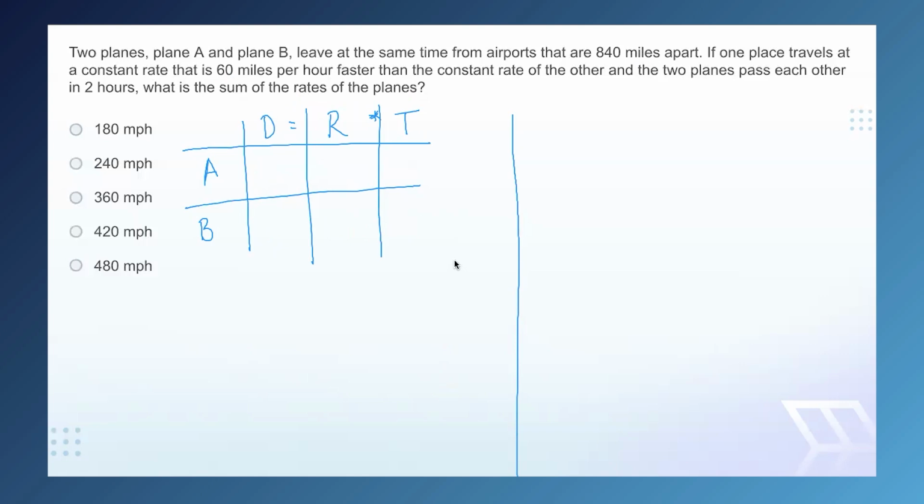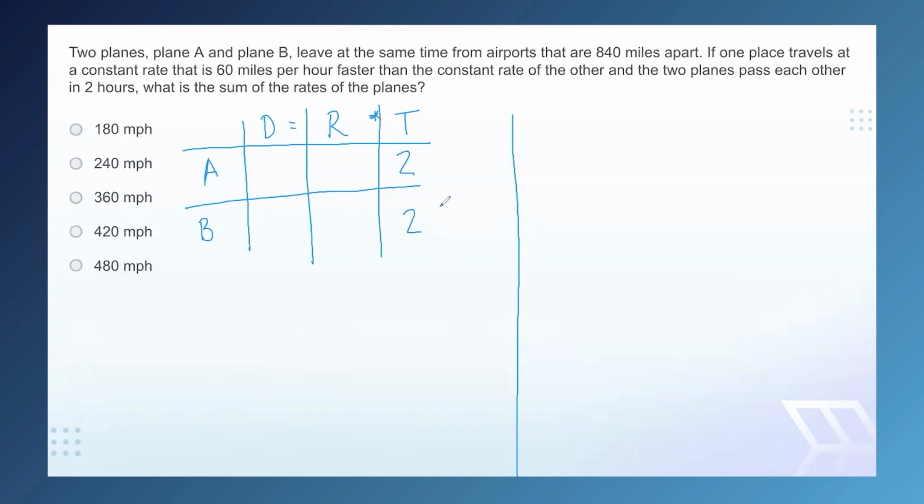Okay, in this problem, we know that time for both planes is 2. Great. Now, we know that one plane travels 60 miles per hour faster than the other plane. We don't know which one, but it turns out that it doesn't matter for this problem since we're solving for the sum of the rates of the planes.